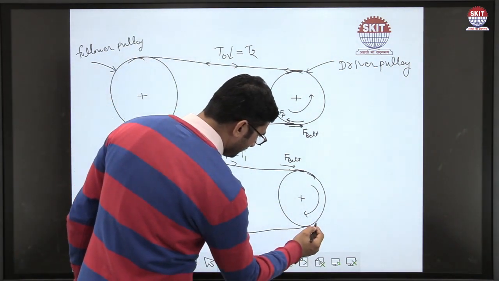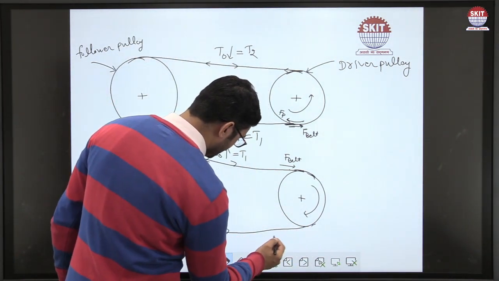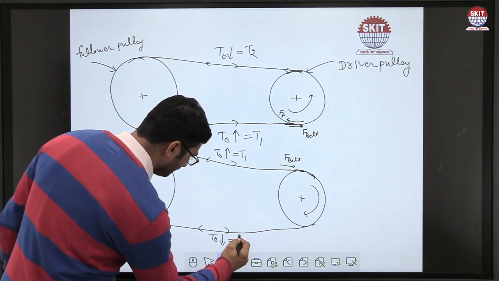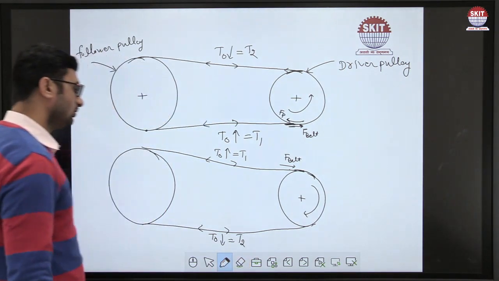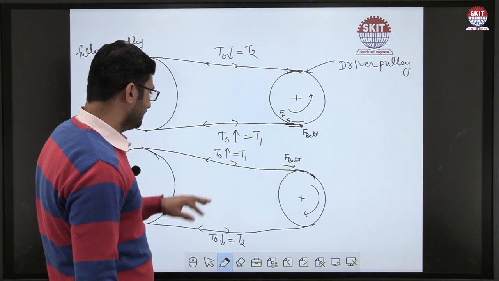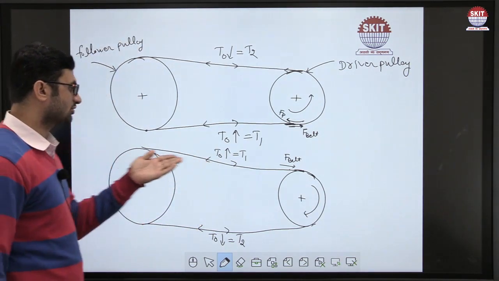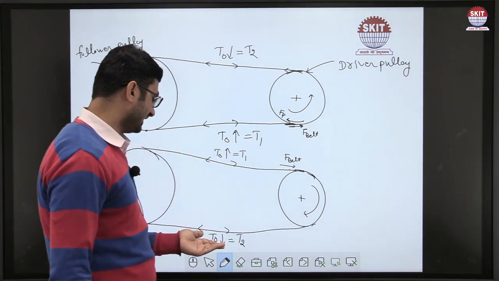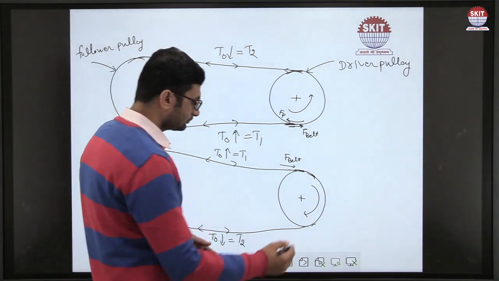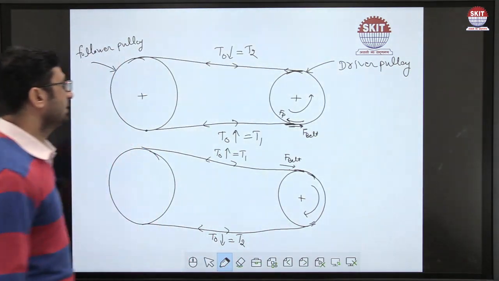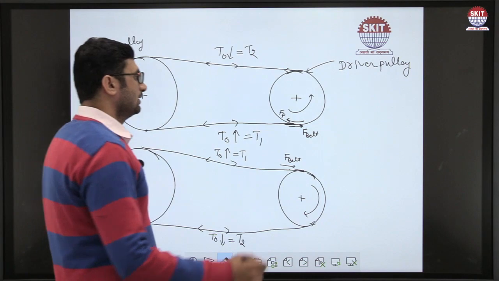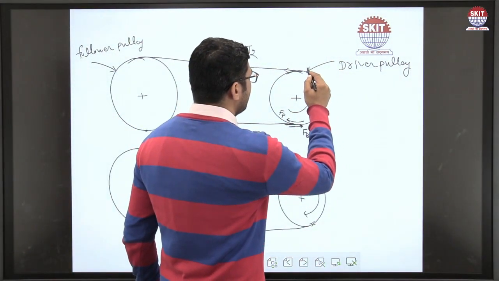And when the belt moves in this direction, the tension is decreased and this is known as T2. Now the tight side is the upper portion of the belt and the slack side is the lower portion of the belt. So the tight side and slack side of the belt are decided by the rotation of the driver pulley.